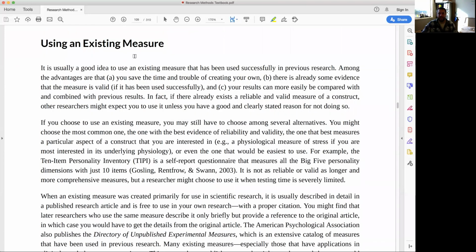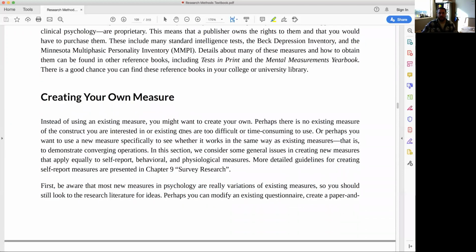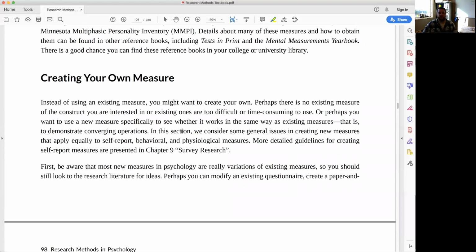Using an existing measure, this is the one that the vast majority of psychologists do, is that we look for what measures are out there and we just incorporate them into our research. But certainly there's wide varieties. You want to pick one that you're comfortable with, that you understand, that you feel is a good measure. If you come up with the end result that there isn't one, right, that I'm in new territory, this hasn't been looked at before, you then might have to create your own measure, which is a very daunting task to do correctly.